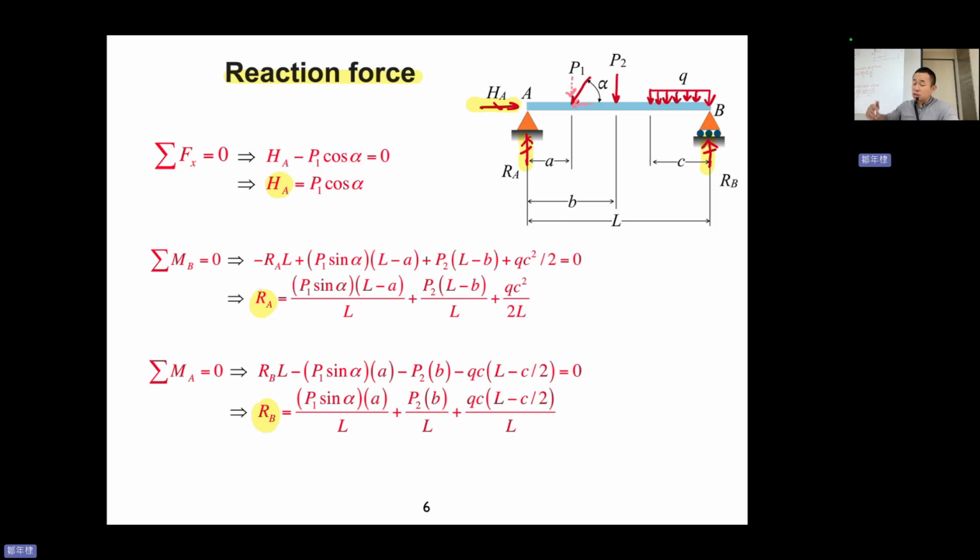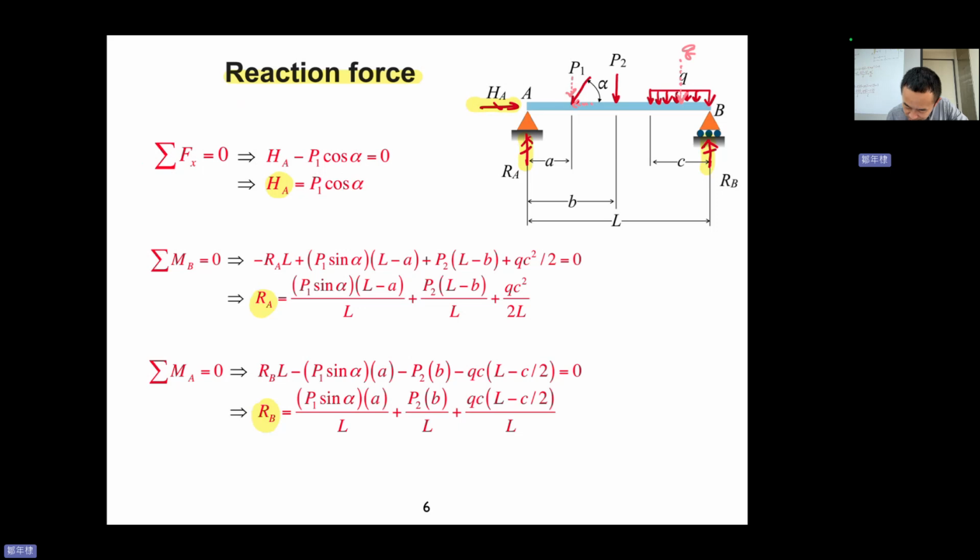And now we're going to determine the RA and RB. But RA and RB related to the Y direction. So we need to process this Q here again. So you can see that QC should be the resultant effective force.